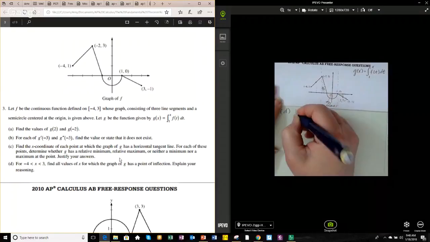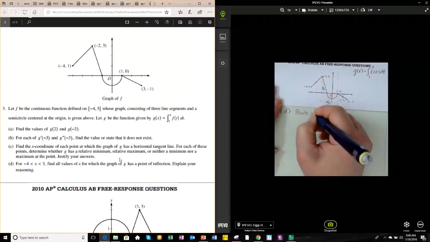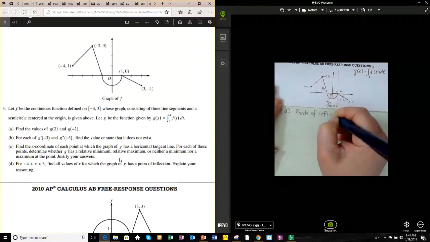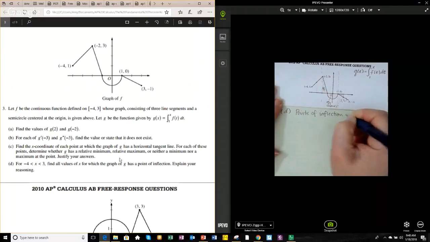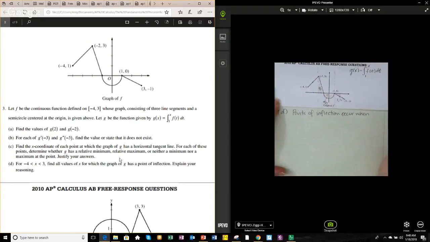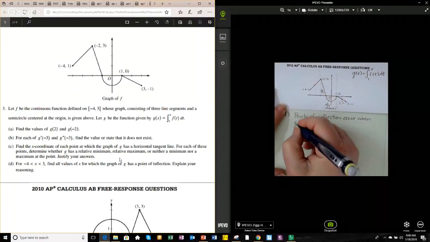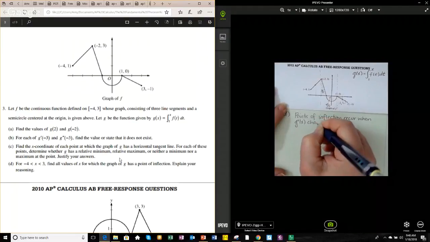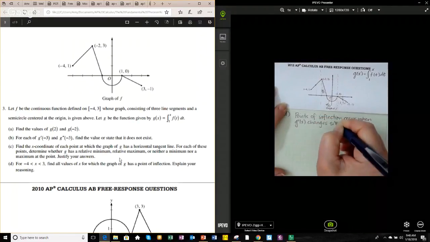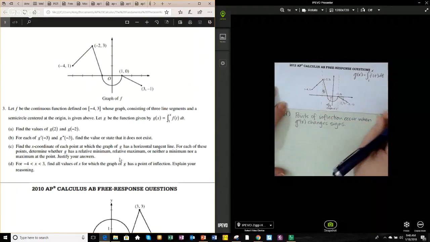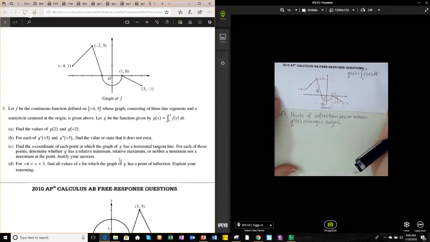Okay, so points of inflection occur when g double prime of x changes signs. Now it's not enough for it to equal 0 or to be undefined. It has to change signs.